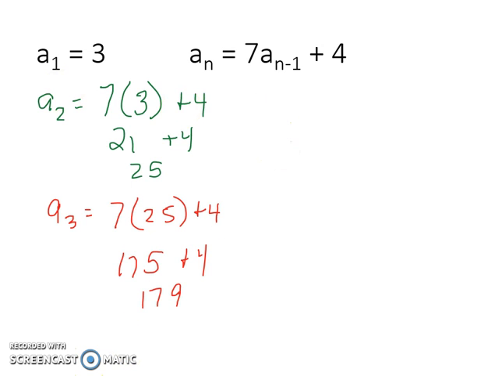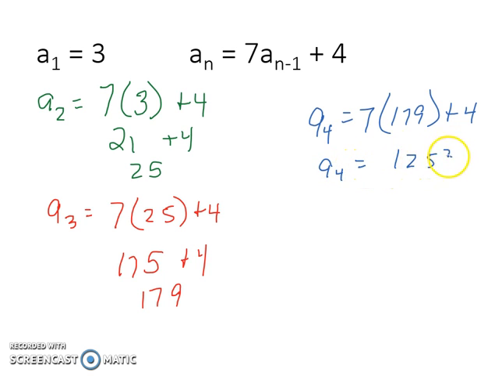A sub 4 is going to be 7 times 179 plus 4. So a sub 4 equals 1253 plus 4, or 1257. So those would be our first 4 terms of this recursive formula.